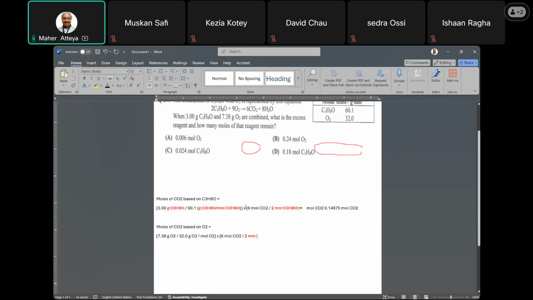So from the moles of O2 we go out with the grams of O2.